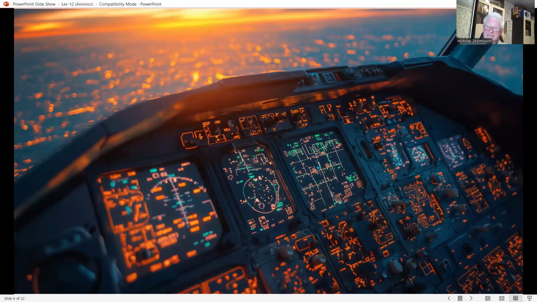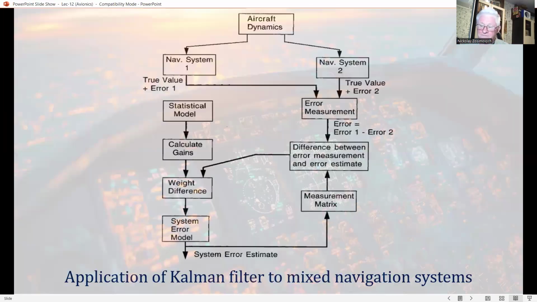Second, a statistical model of the system, model uncertainties, noises, and measurement errors. And third, initial condition information.